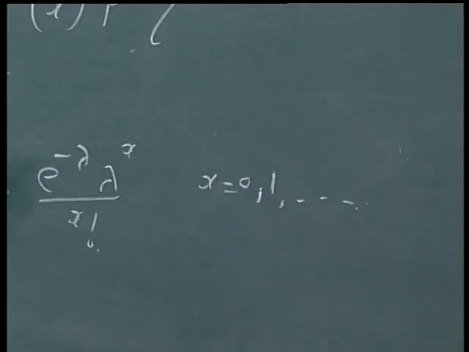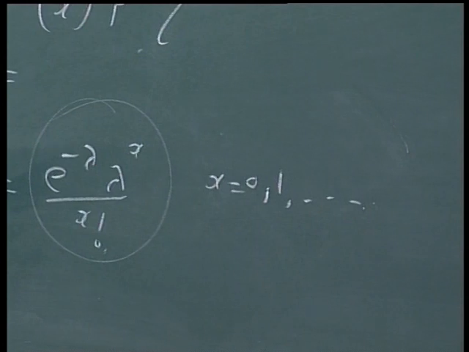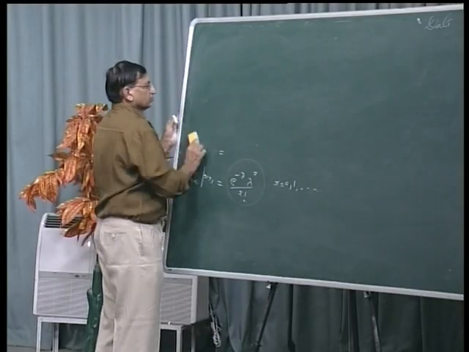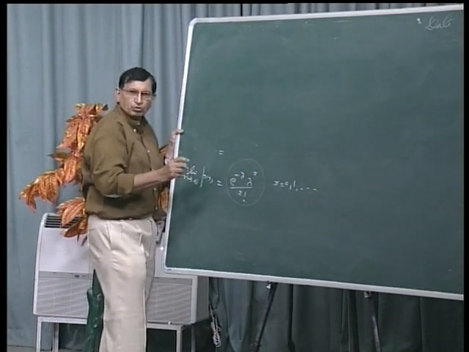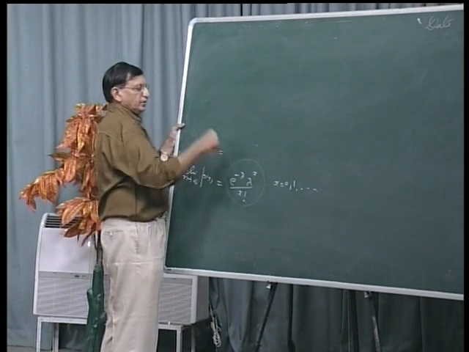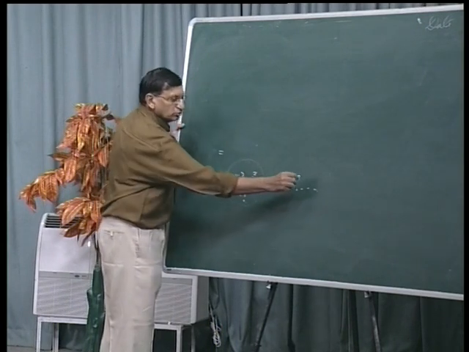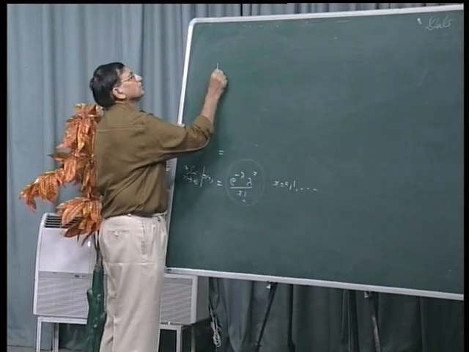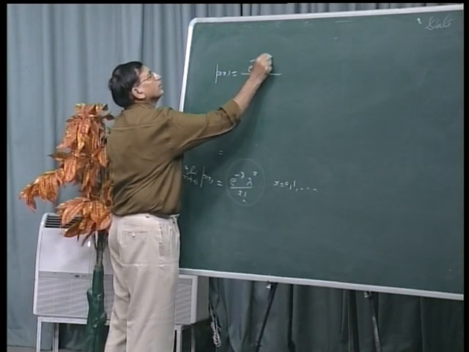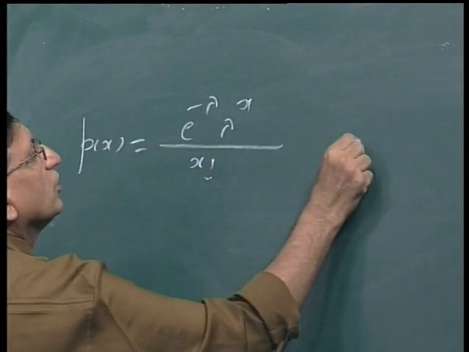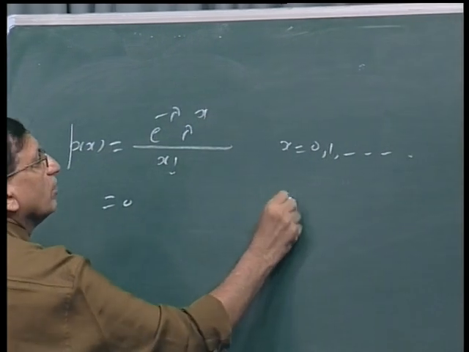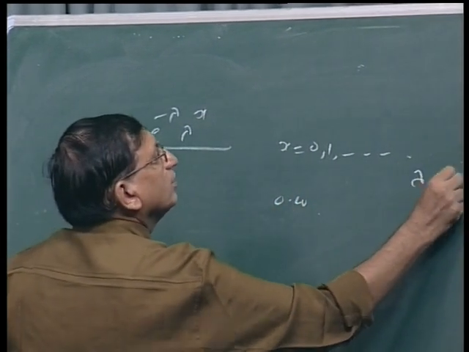So this is now the probability function of the Poisson distribution. A discrete random variable x is said to follow Poisson distribution if it assumes non-negative integral values and its probability mass function is given by p(x) is equal to e raised to minus lambda, lambda raised to x upon x factorial, x running from 0 onwards, 0 otherwise, where lambda is positive.